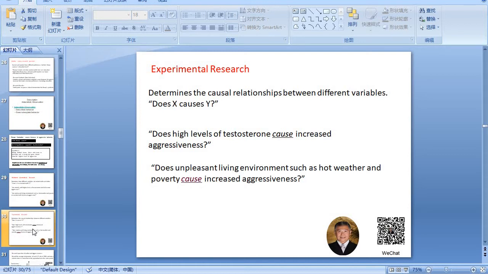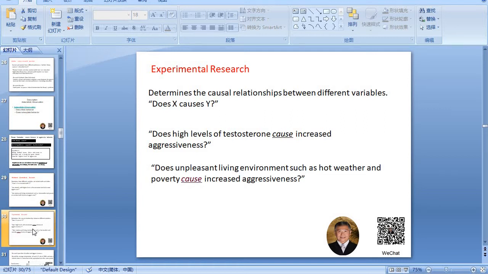We will see why. A key issue in this part of the material is that we need to understand why correlation research does not tell you cause and effect relations between two variables, although it does tell you whether there is a strong correlation or weak correlation, a positive correlation or negative correlation.